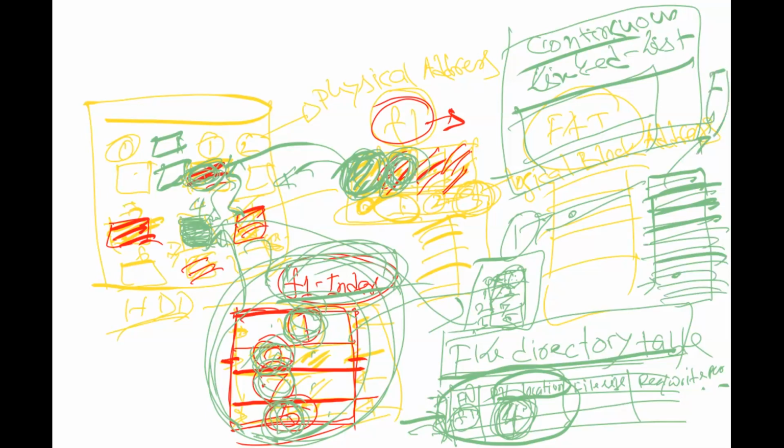But at a given time, in most cases you work with only a few files, one, two, or three. But in case of FAT, you need to always maintain this overhead information.